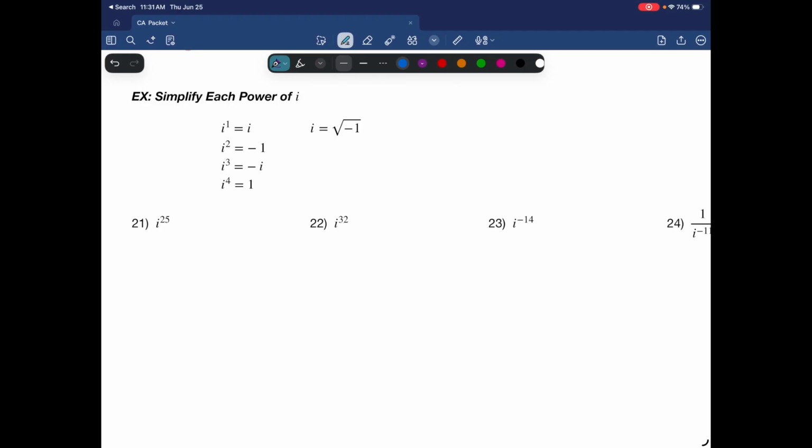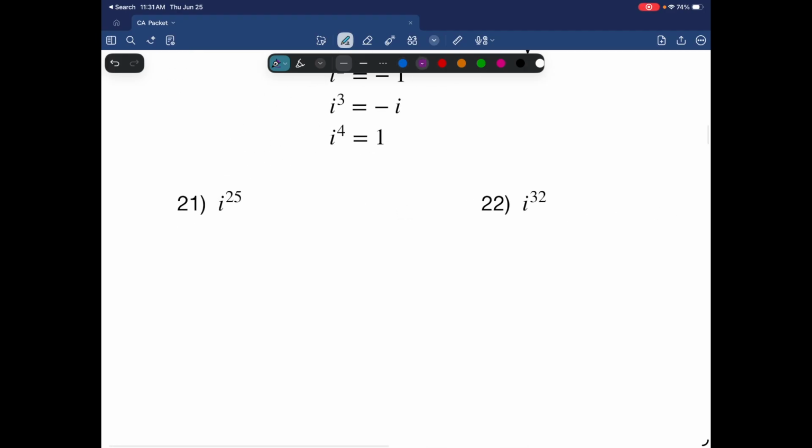So let's take a look at this. 25 divided by 4 gives you 6 1/4. So I don't really care about the 6. What I care about is, first of all, this is going to give me i to the 24th times i to the 1st. I know this one is going to go to 1. Okay, so this ends up being 1 times i, which is just i.